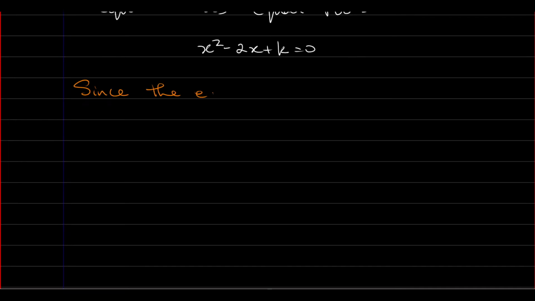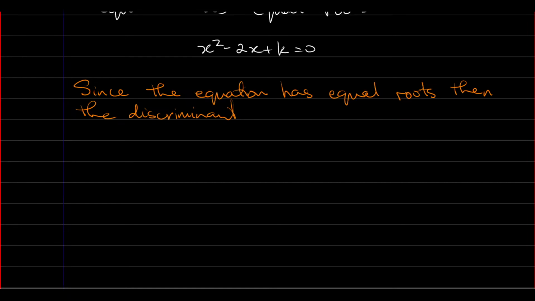the equation has equal roots, then the discriminant d is 0.